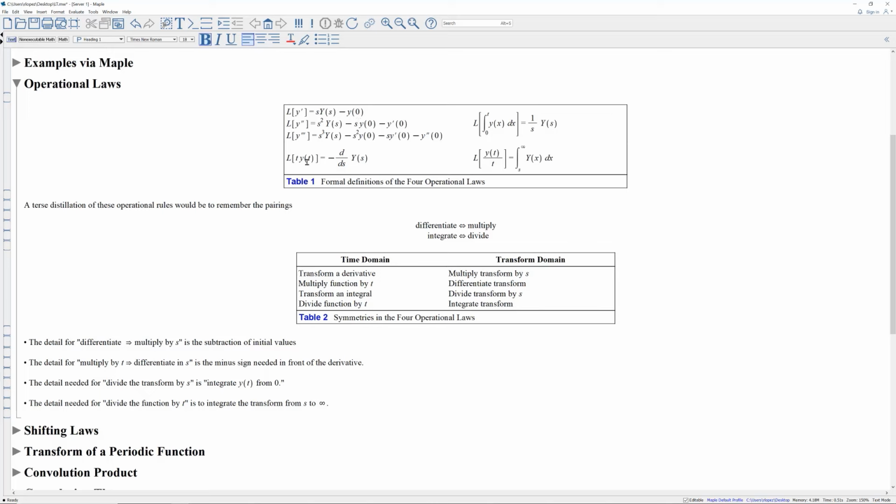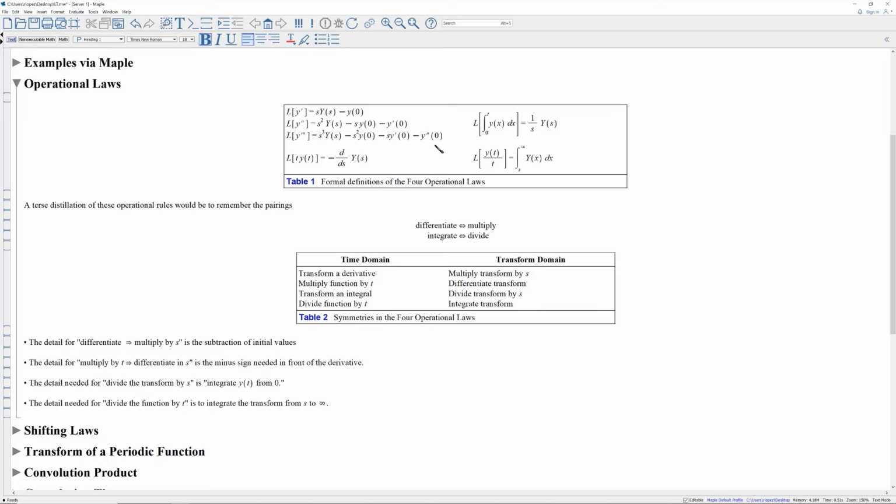If you multiply by t and take that transform, it is equivalent to transforming just y and taking the derivative with respect to s. Now notice there's a parallelism here. If you take the transform of a derivative, you multiply by s. If you multiply by t, you differentiate the transform. There is a detail.